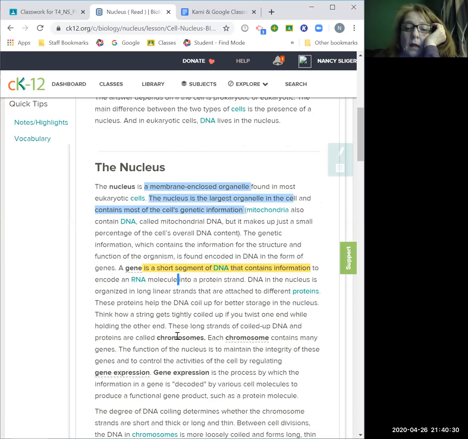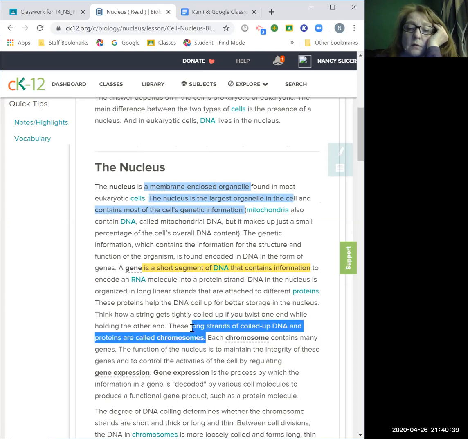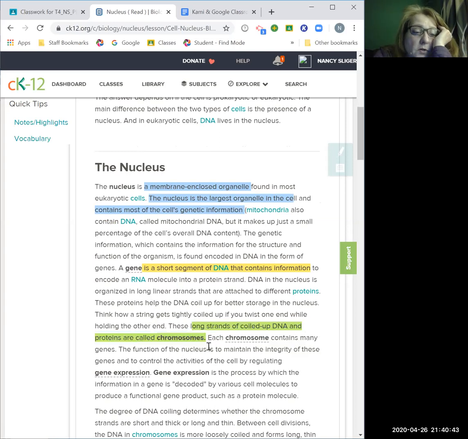Okay. And so long strands of coiled up DNA and proteins are chromosomes. So the next question says, describe a chromosome. So we're talking about in the nucleus, we're talking about DNA. DNA is long chains of nucleotides.